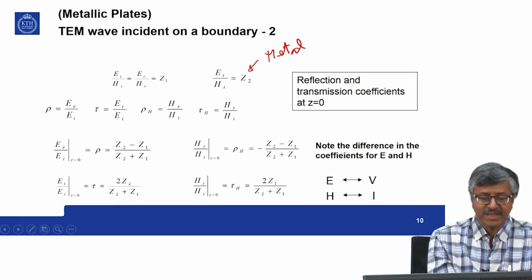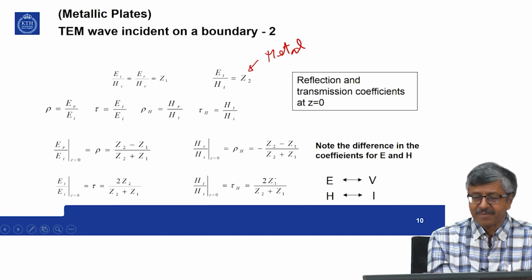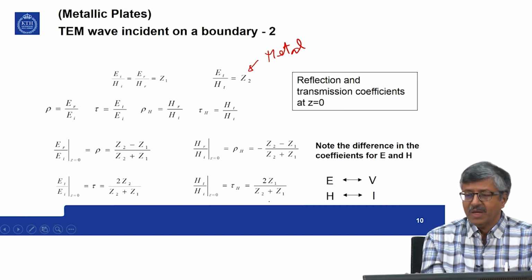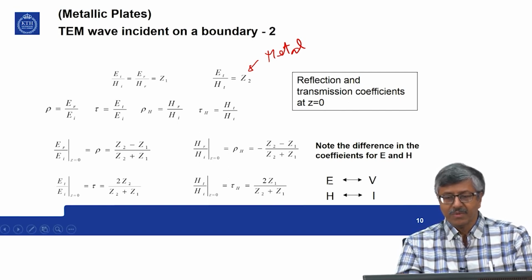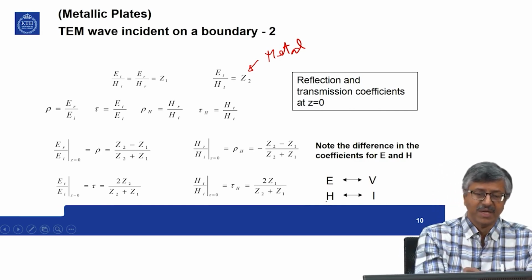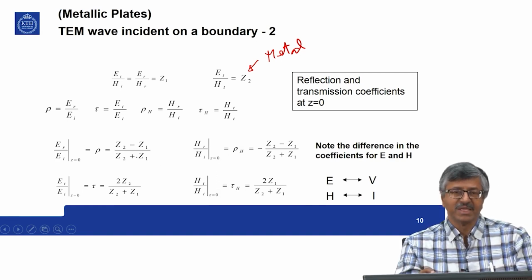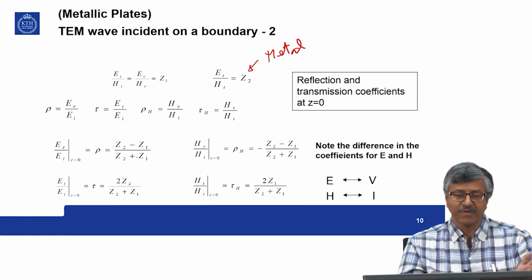Here in the numerator Z2, this is a very low value compared to the denominator, and here it is Z1. Also, we have a correspondence between E and V and H and I. So, this correspondence is used to connect this with the theory on reflection of transmission lines that we have seen in chapter 2.